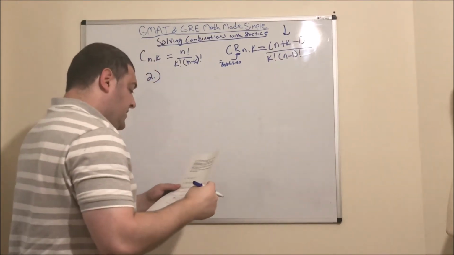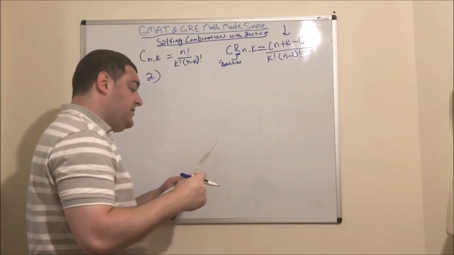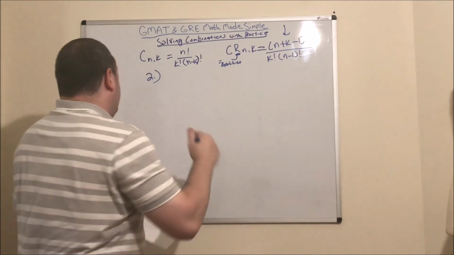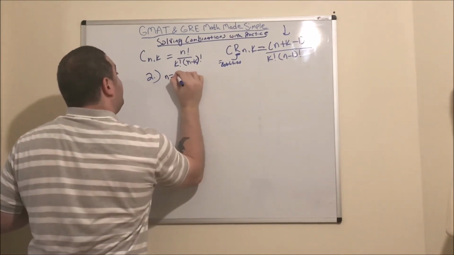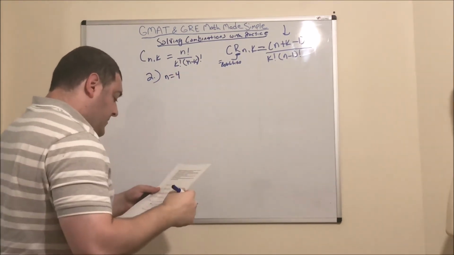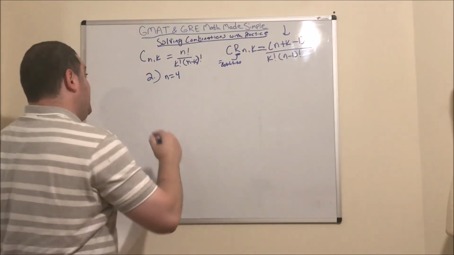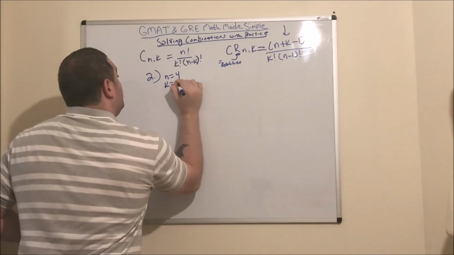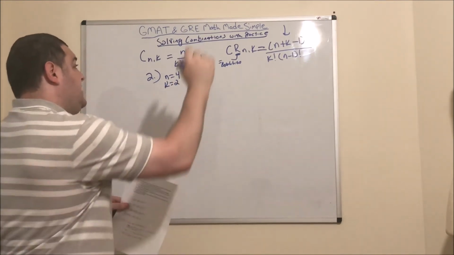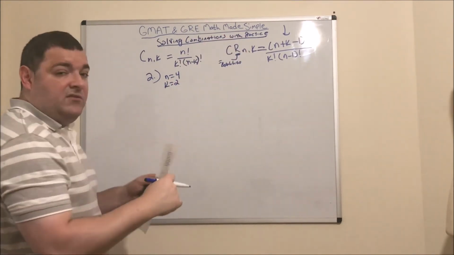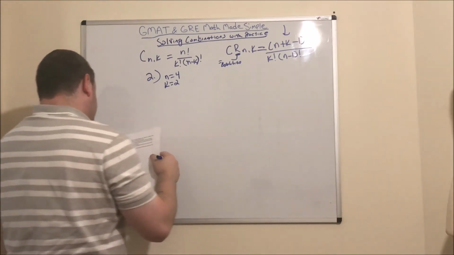It says we have 4 flavors, so N will equal 4. And K will equal 2 because there's only 2 scoops we can get. So let's put that into the formula.